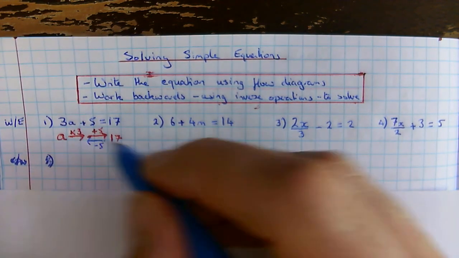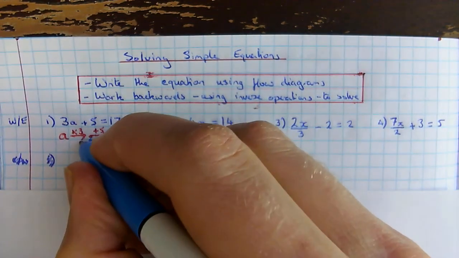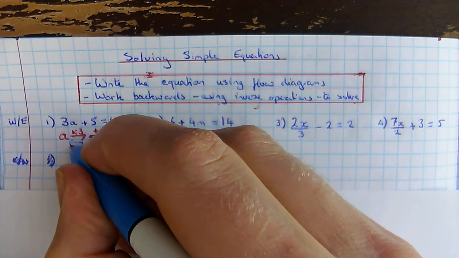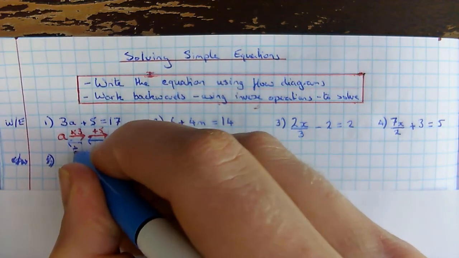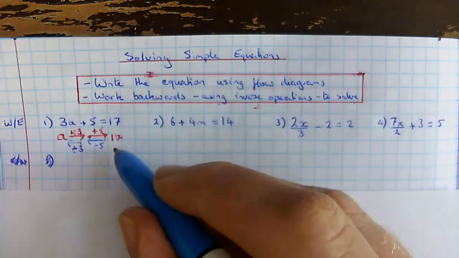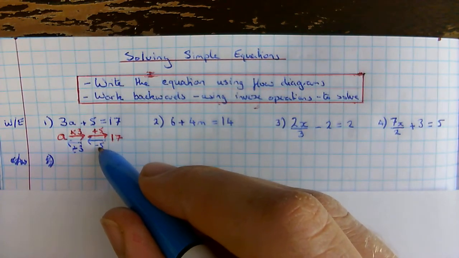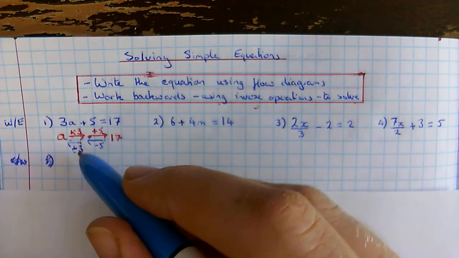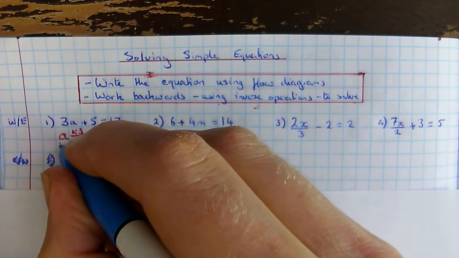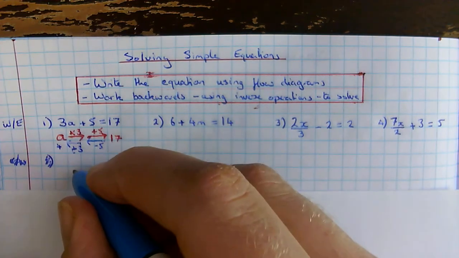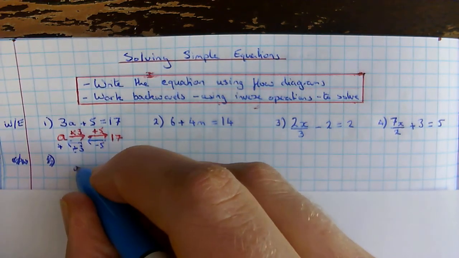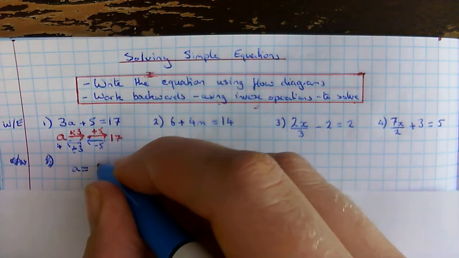The inverse of timesing by 3 is dividing by 3. So here I've got 17 take away 5, which is 12. 12 divided by 3 then gives me 4. And it means that I can then put my answer as a equals 4.